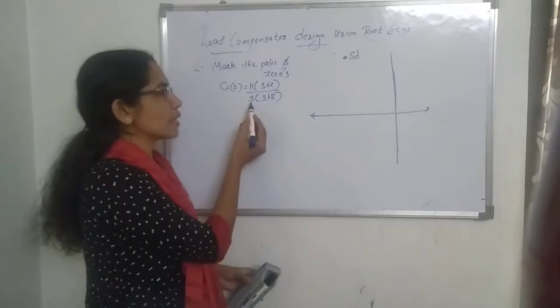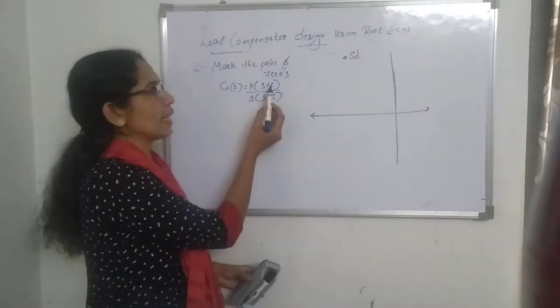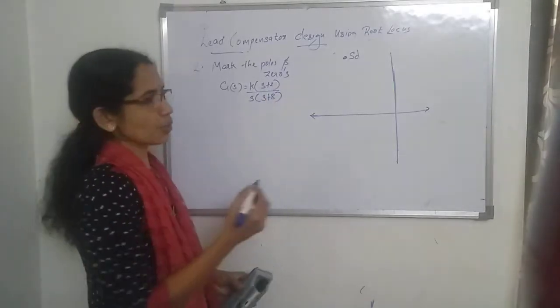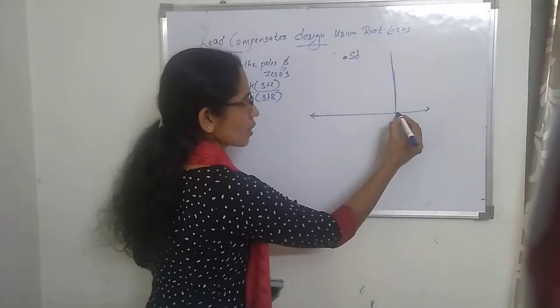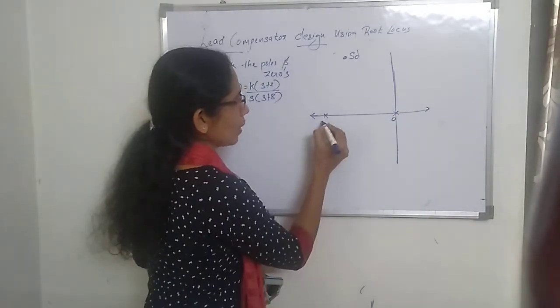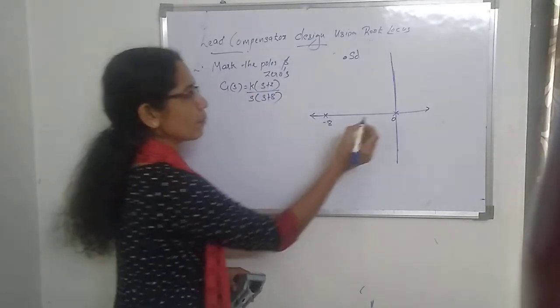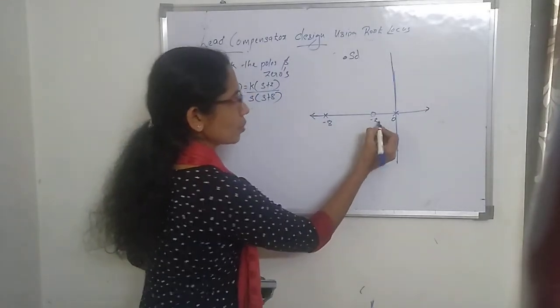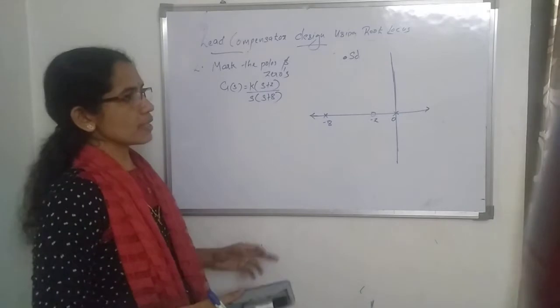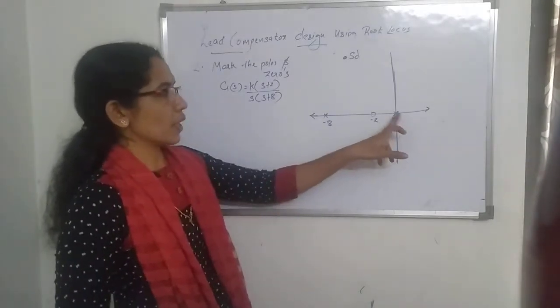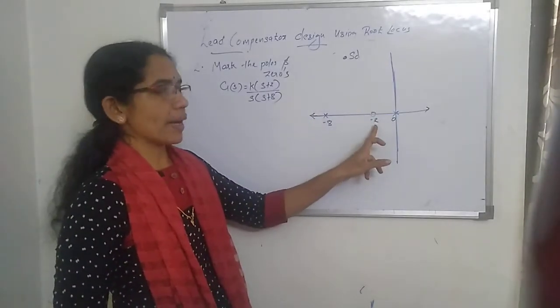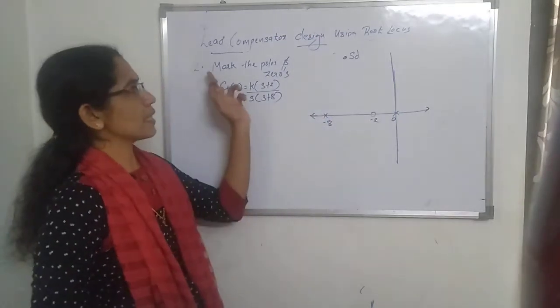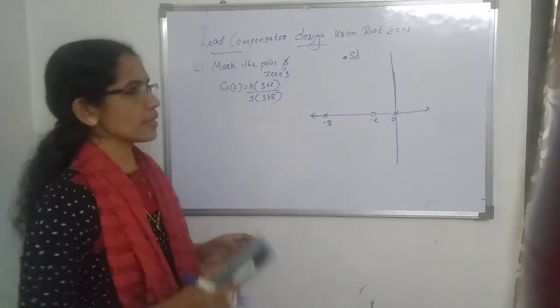So the poles are 0 and minus 8, and the zero is minus 2. Mark these poles and the zero. That is the second step.